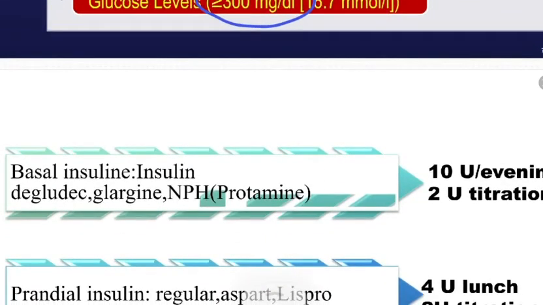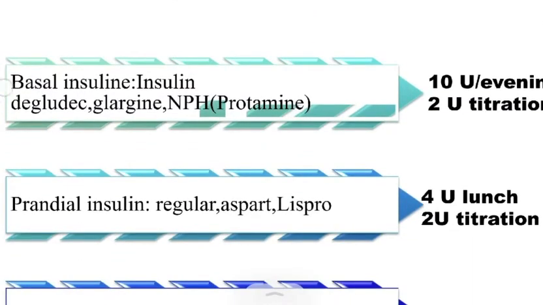How will we start insulin in patients with type 2 diabetes? It is very simple. We start with basal insulin. Of basal insulin, we have three major types: degludec, glargine, and the protamine insulin. The best one is degludec, with less hypoglycemia, followed by glargine 300 units per 1 ml.